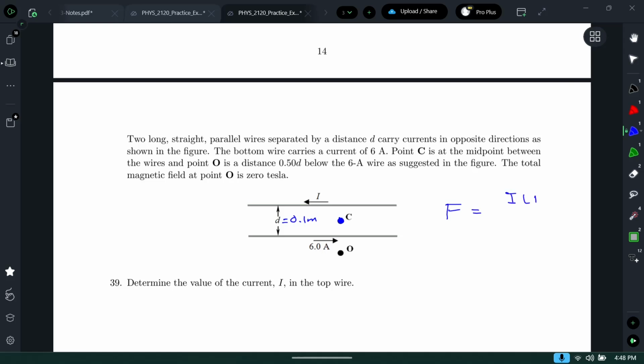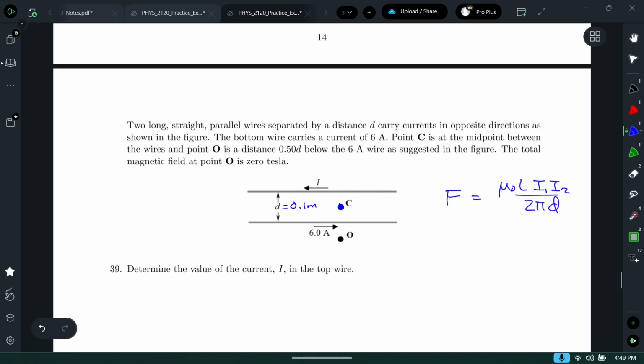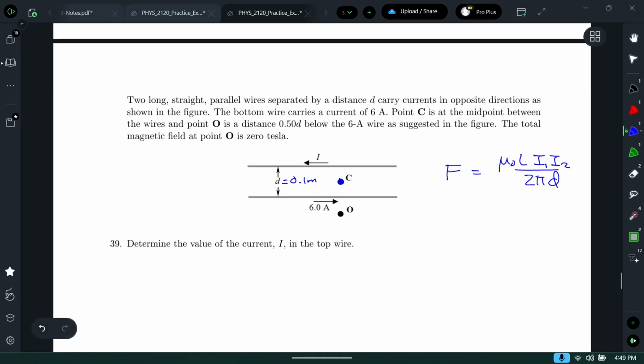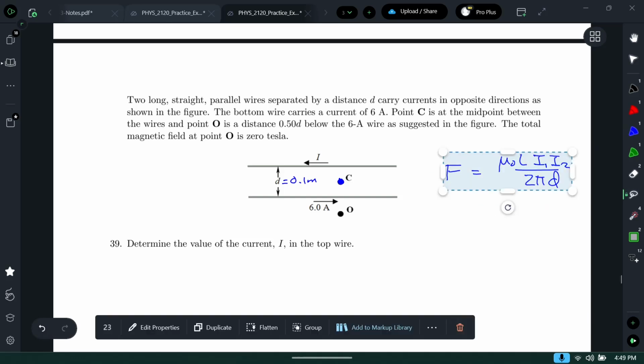So that is mu naught L I1 I2 over 2 pi, maybe 4 pi, I forget. That's not what is being looked for here, though. It's looking for the net magnetic field, and so for that, I just do the first part of what I had to do to find out if the wires attract or repel.